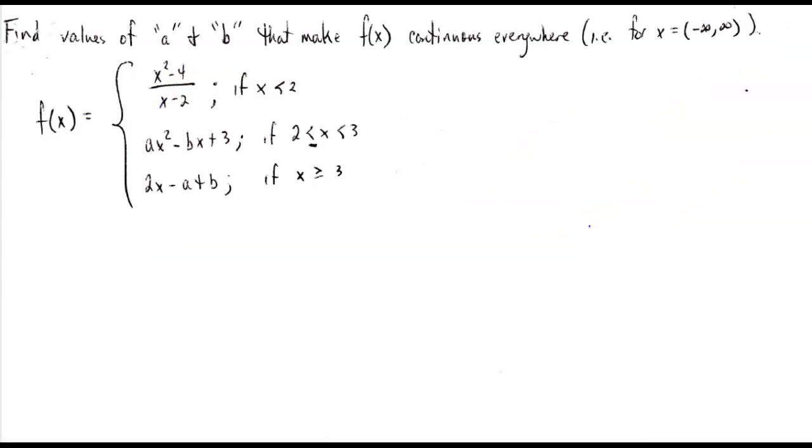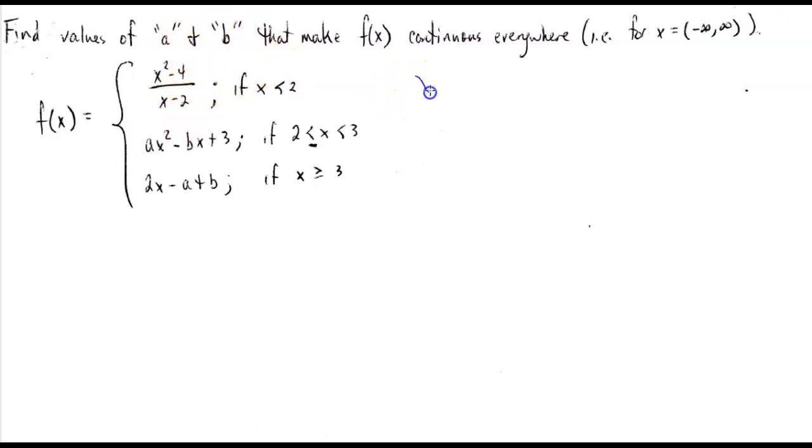All right. So to begin this problem, the first thing that we understand here is that in order to have each piece of this piecewise function hook up so that it's going to be continuous everywhere, we know that the behavior of each piece is going to have to be the same at the x values where they trade off what they act like.